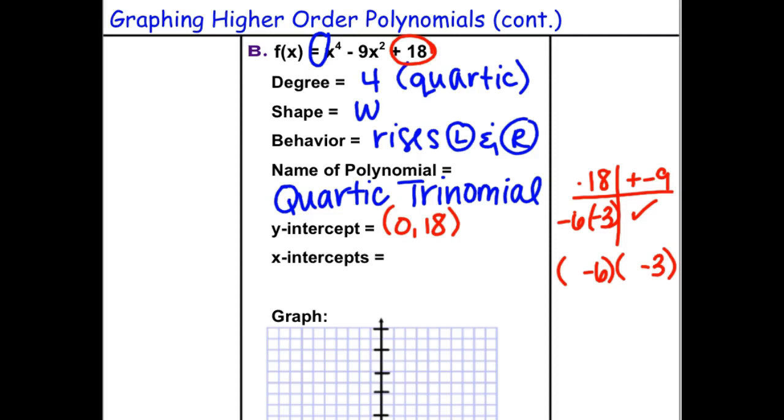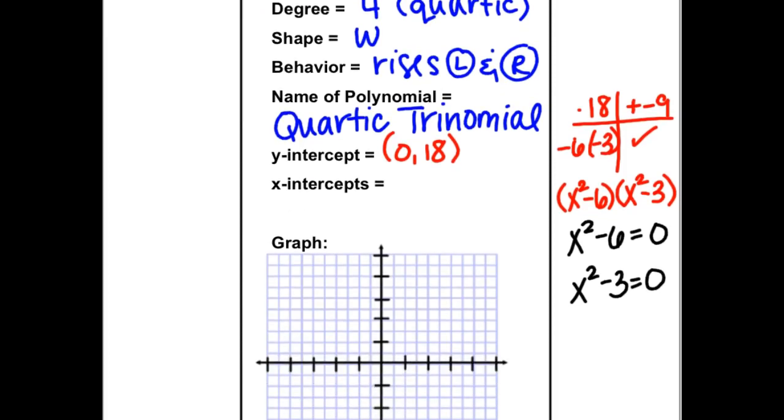And I need to break x to the 4th up, so I'm going to break that into x squared and x squared. So now I take x squared minus 6, set it equal to 0, x squared minus 3, set it equal to 0. I'm going to add 6 and add 3 to both sides. That will give me x squared equals 6 and x squared equals 3.